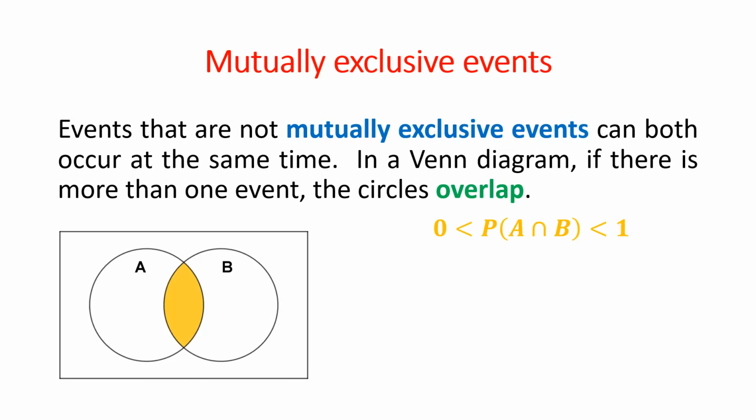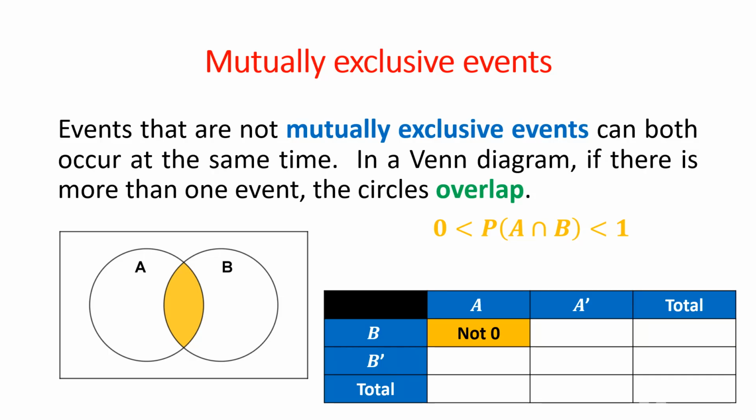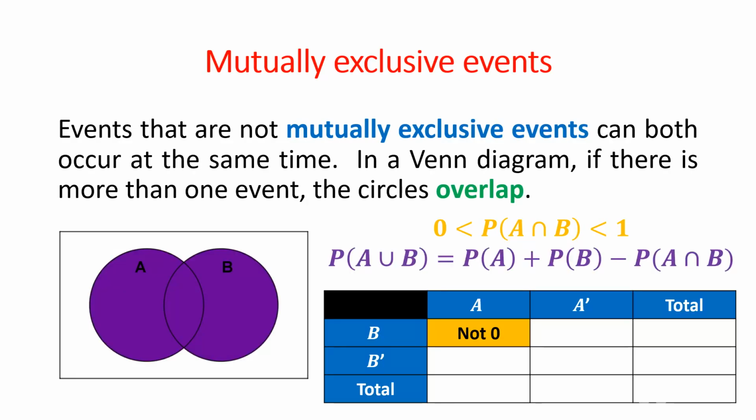So the probability of A intersection B is greater than 0, but obviously less than 1 because probability can't be greater than 1. All right, so in our two-way table, this box here of A intersect B is a number that's not 0.